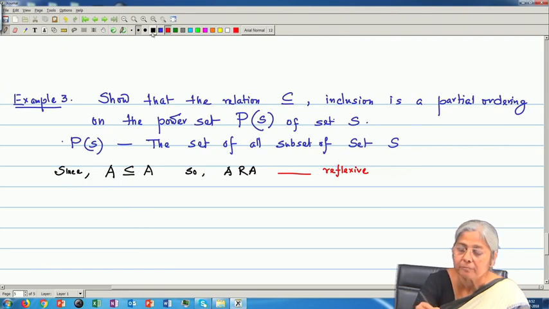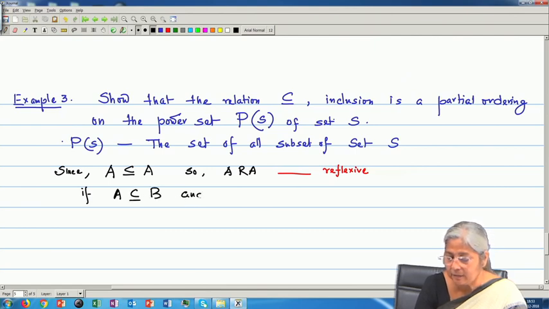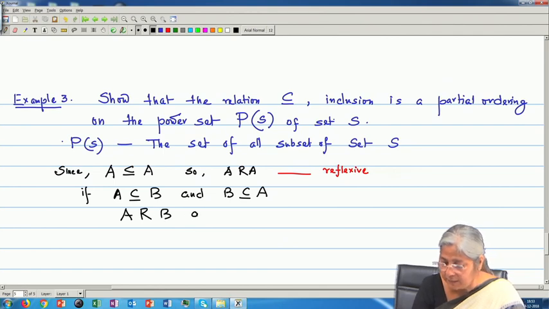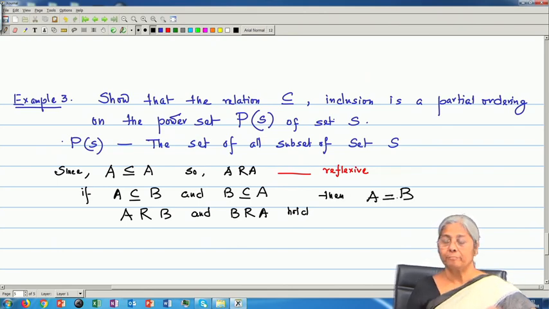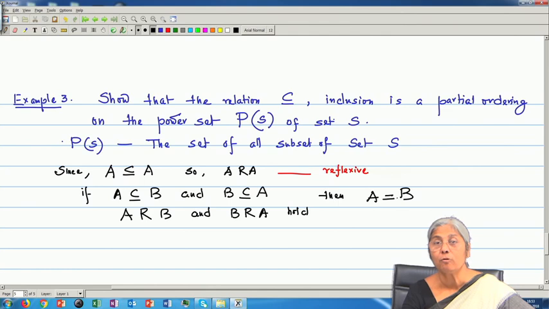Now, if A is a subset of B and B is also a subset of A, that means A R B and B R A, if both hold, then we know that A equals B. If A is not equal to B, then it does not hold.